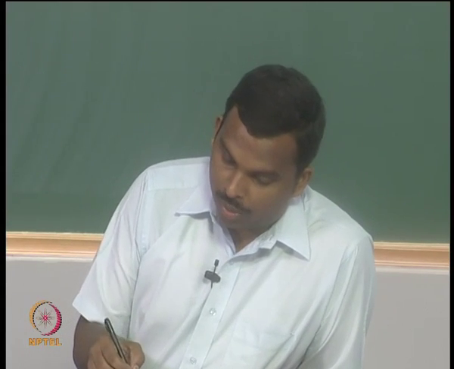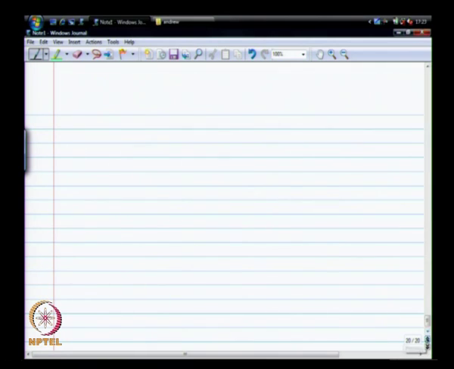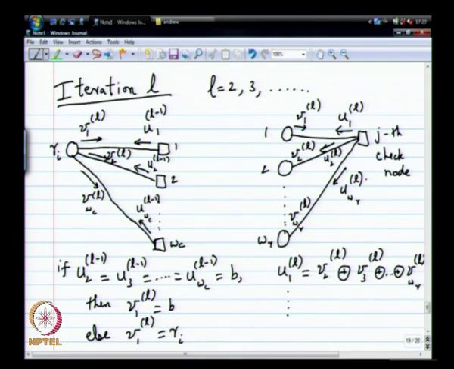So the main idea here is, you remember, this is my general description of the decoder. I will try to track the probability that a particular message that is passed is in error. So what do I mean by in error? The first thing I'll assume is that the all 0 code word was transmitted.